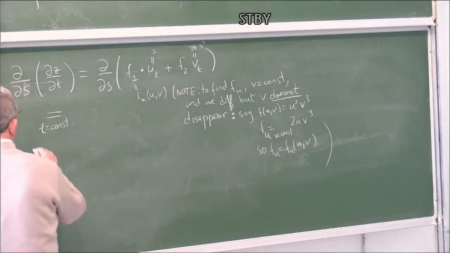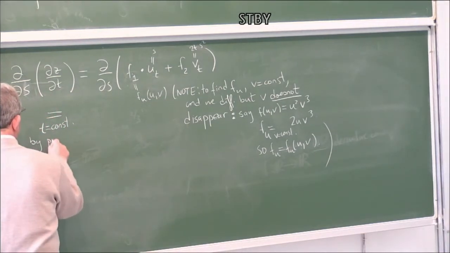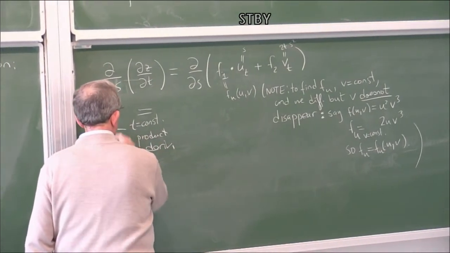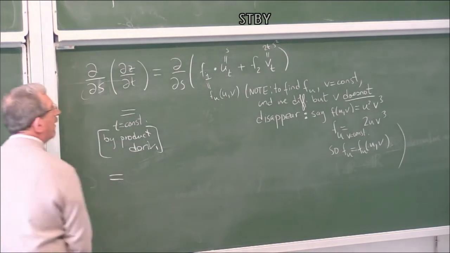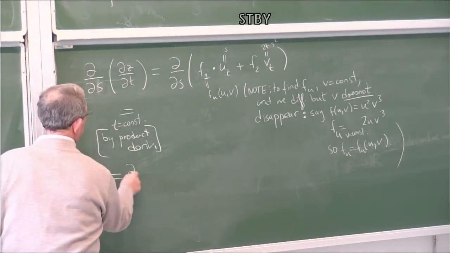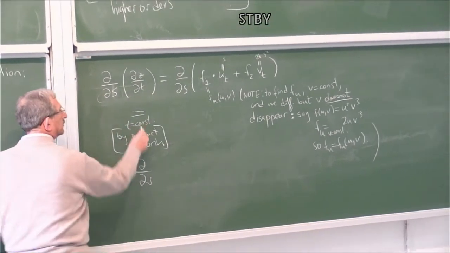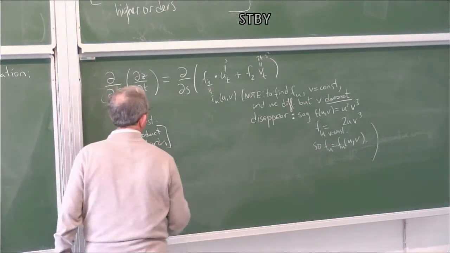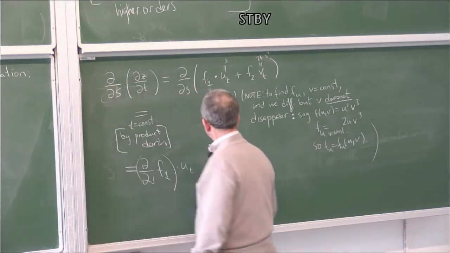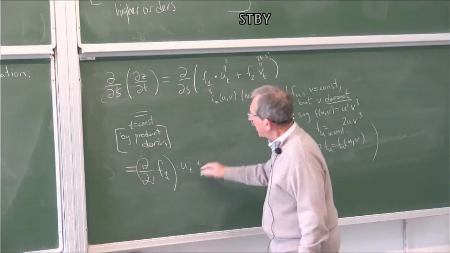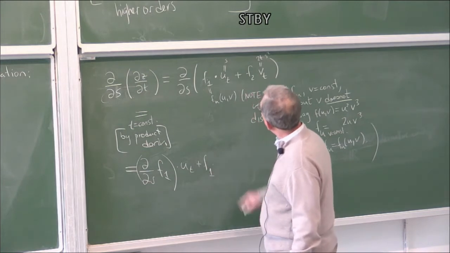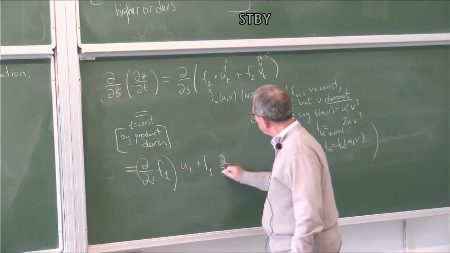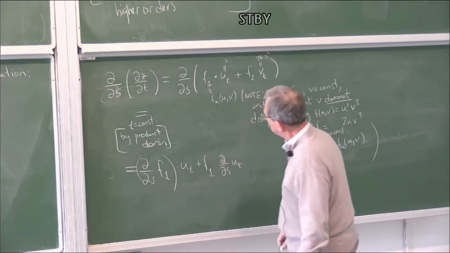So, by product derivative, we have the derivative of s, because t is constant, of f1 times u sub t, which happens to be s, and then f1 times the derivative of u sub t with respect to s.